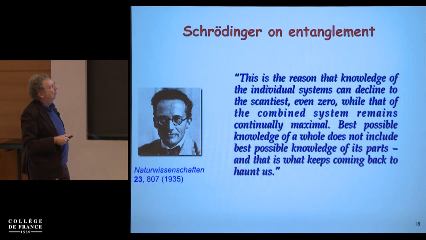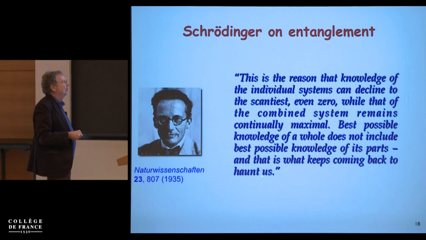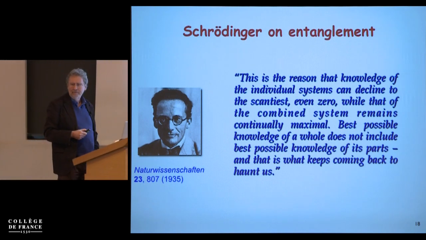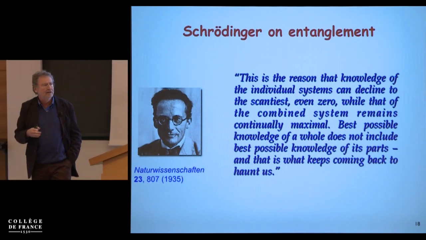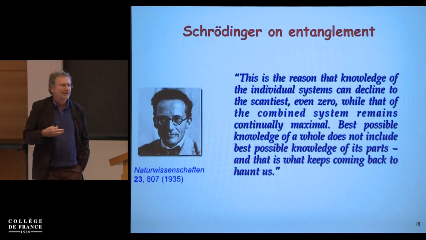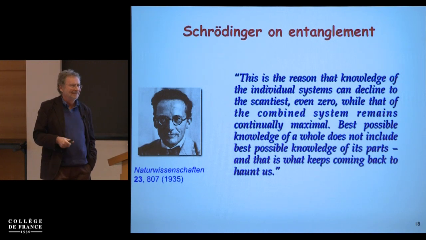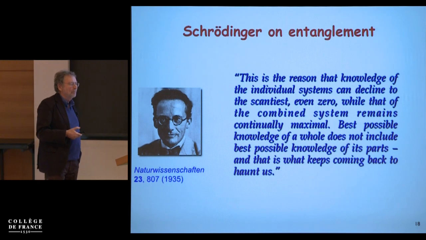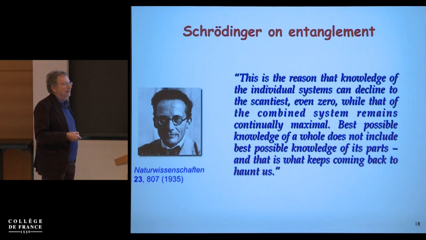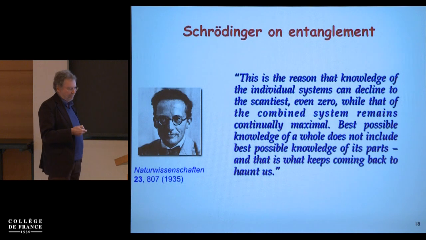Best possible knowledge of a whole does not include best possible knowledge of its parts, and that is what keeps coming back to haunt us. And I can assure you that entanglement haunts scientists even nowadays. In fact, there are mathematical properties of entanglement that are still open.